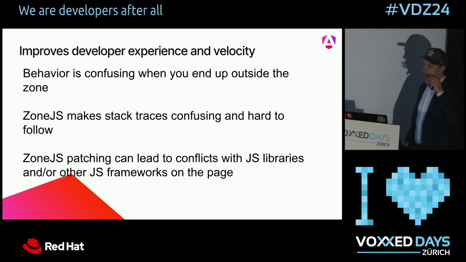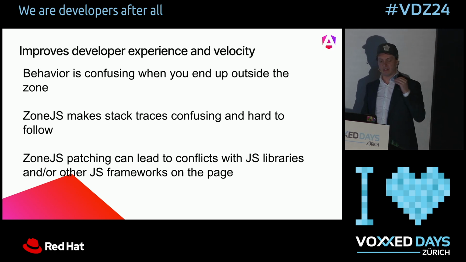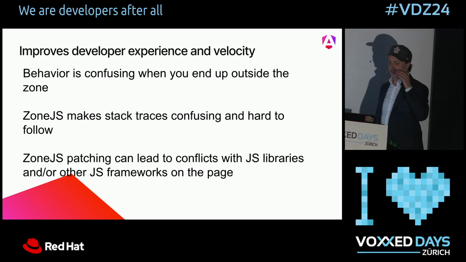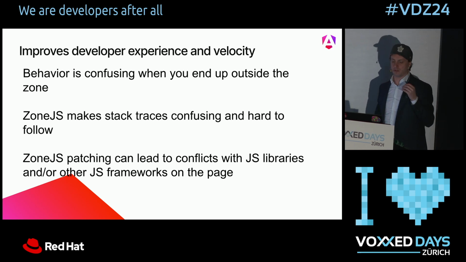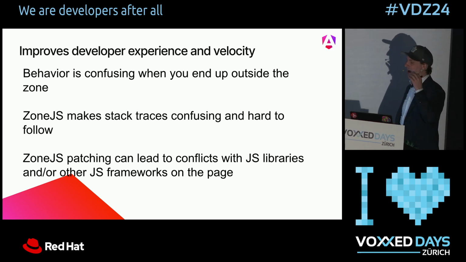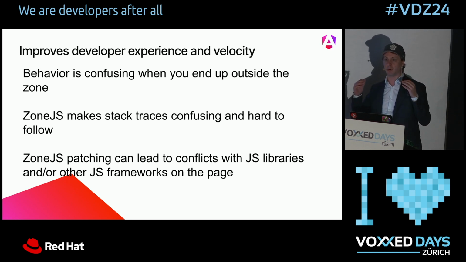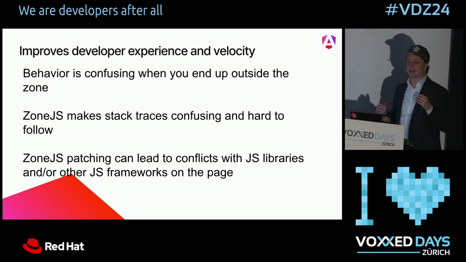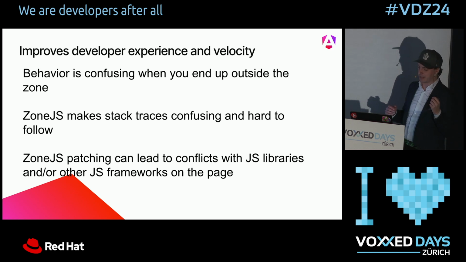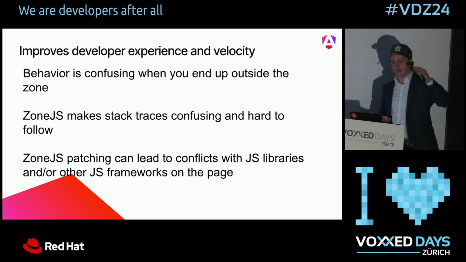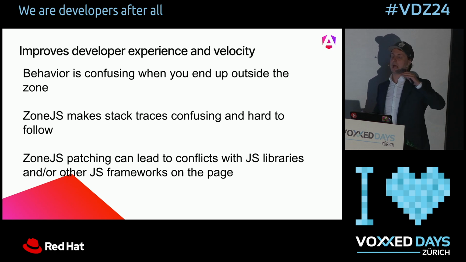Removing Zone.js will improve the developer experience and the velocity. So the behavior can be confusing when you use Zone.js, when you end up outside the zone. There are some cases where you aren't in the zone anymore. For example, some APIs that are not patched by default, etc. Also, Zone.js makes the stack trace a mess.